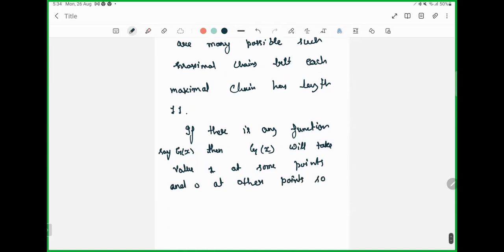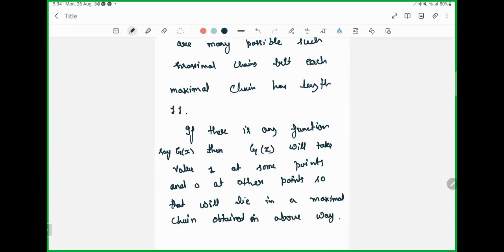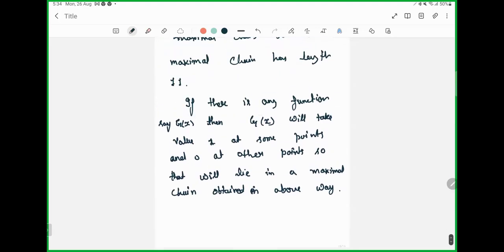So that will lie in a maximal chain obtained in the above way.